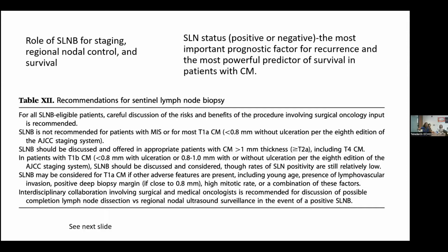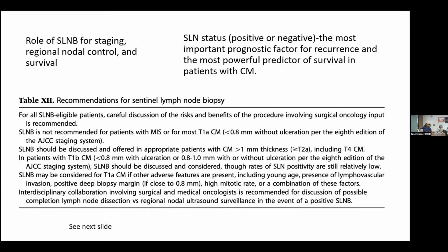The only exception here is for patients who have T1A cutaneous melanoma with less than 0.8 millimeter with high risk features. Those high risk features being young age, presence of lymphovascular invasion, positive deep biopsy margins, or high mitotic index, or a combination of these findings, then you should discuss with the patient about sentinel lymph node biopsy.